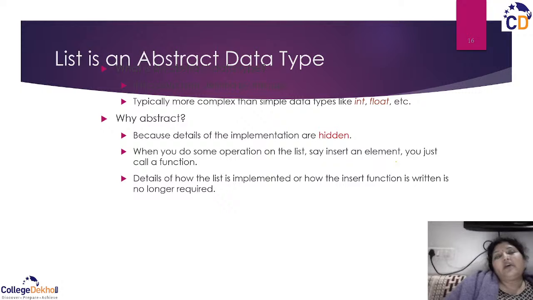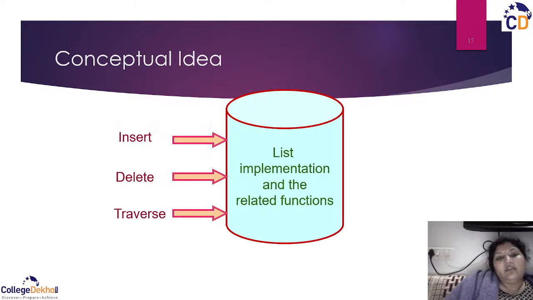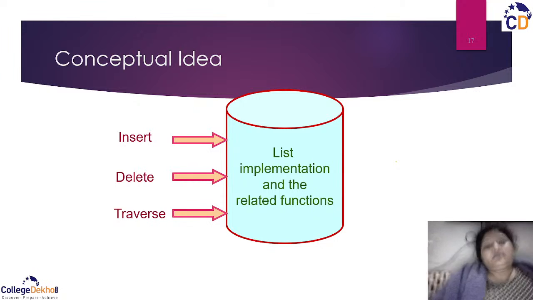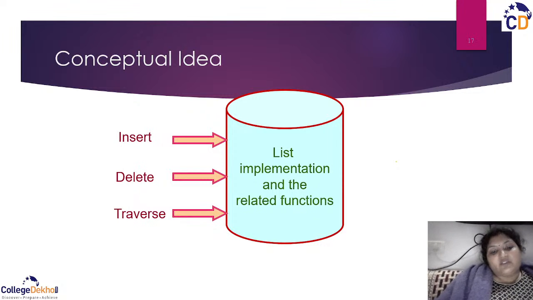So we may have different classifiers, different data types through which we can secure our data too. Now these are some conceptual ideas behind linked lists. You have a list implementation and the related functions, and you can traverse. What is traverse? You are just moving through the list.